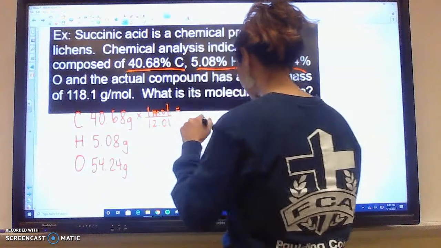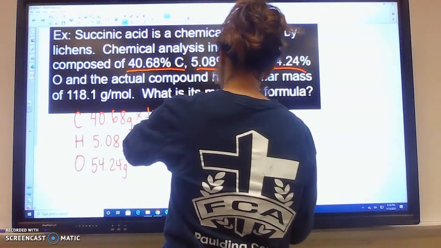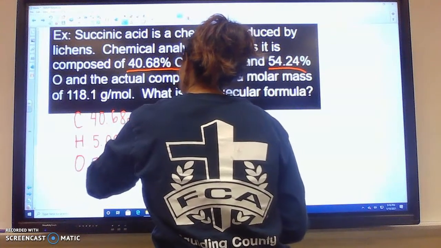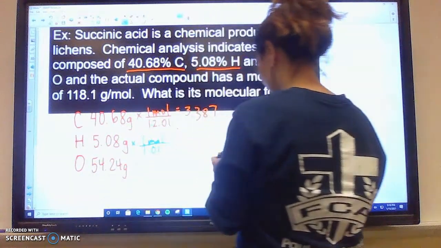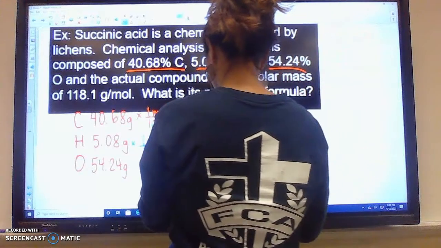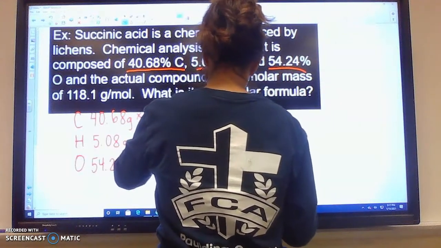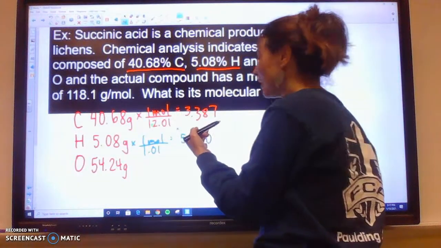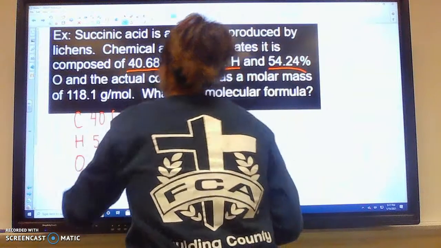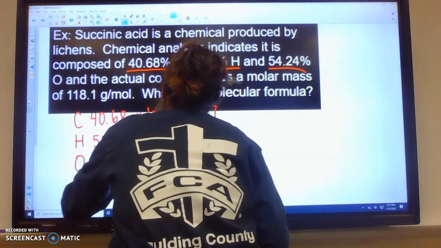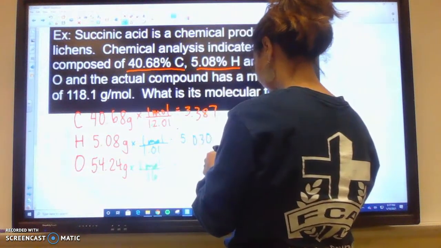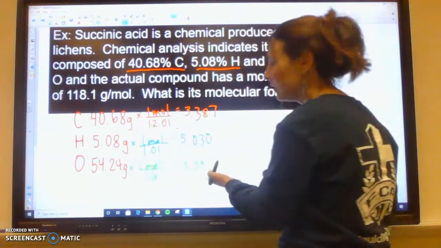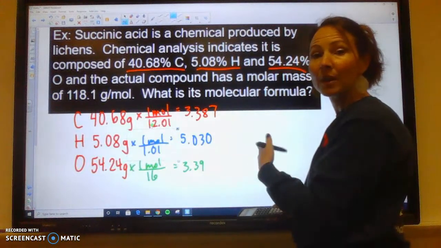Go into 3 decimal places. This is going to be 3.387. For hydrogen, let's do this in a different color so it all doesn't run together. Hydrogen is 5.030 because it was 5.0297, so we'll round that to 5.03. And then for oxygen, we have 3.39. We're not given a 3rd decimal place. That's fine. If we could go to 3, we would go to 3.